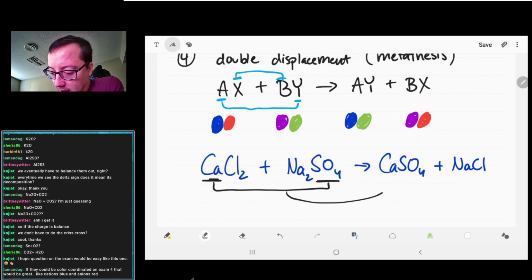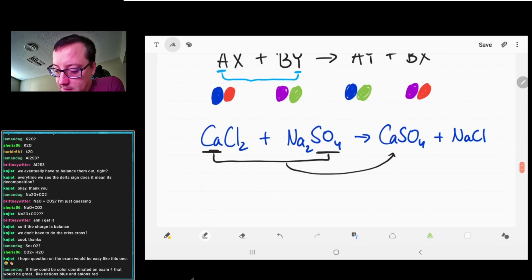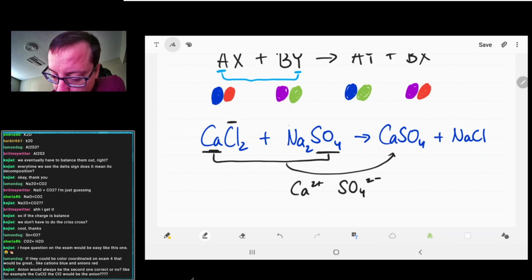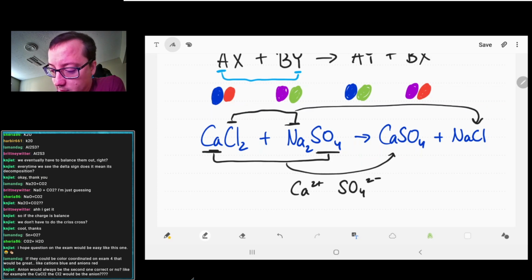And so that became our calcium sulfate. So we have to remember our charges, of course. Calcium is 2 plus, sulfate is 2 minus, so those are already charge balanced. And we're going to want to do the same thing here, and that one's going to give us our other product. One second, please.